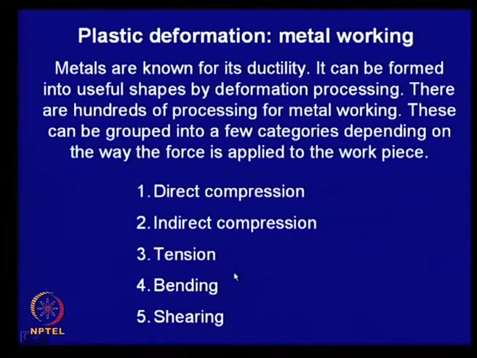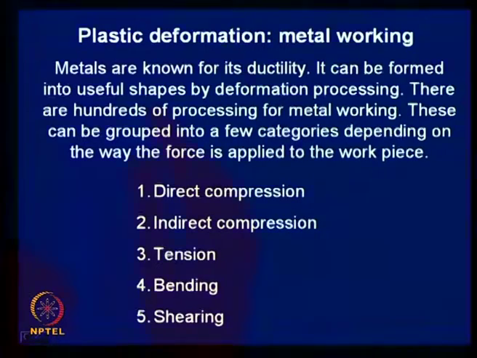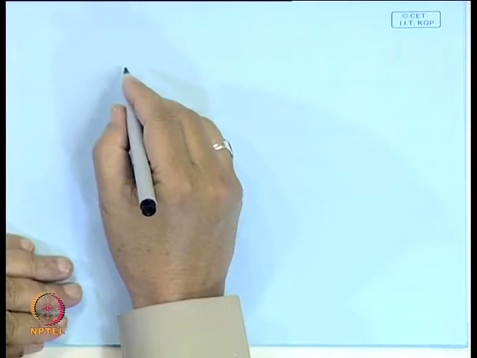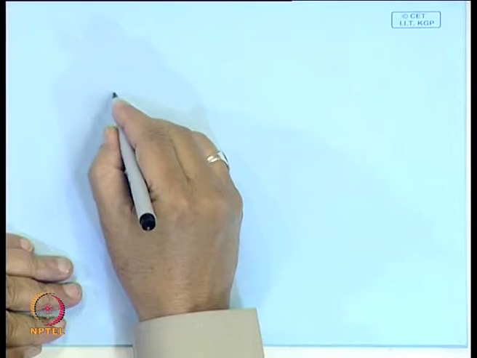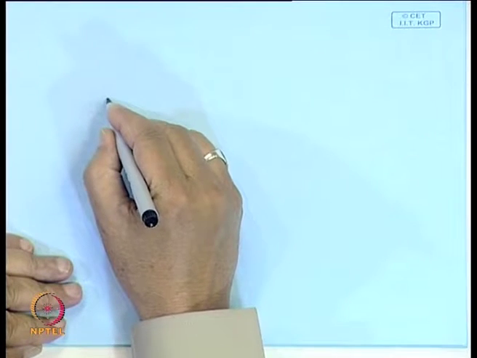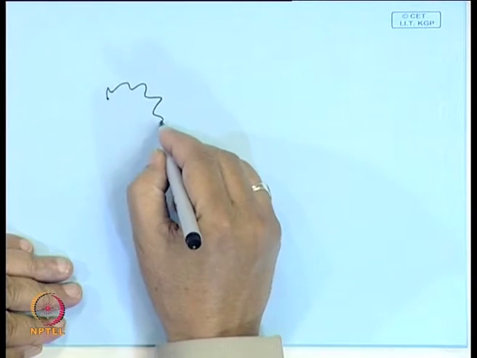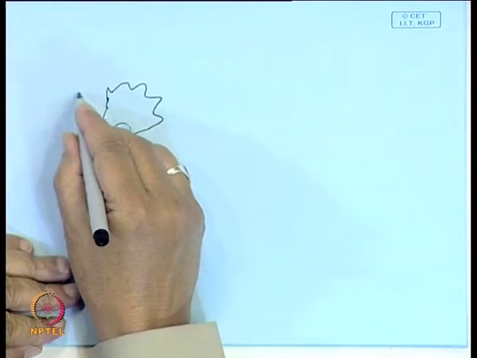There is a lot of segregation in the material, and if we recollect our earlier lecture, when a metal solidifies, dendritic structures form.